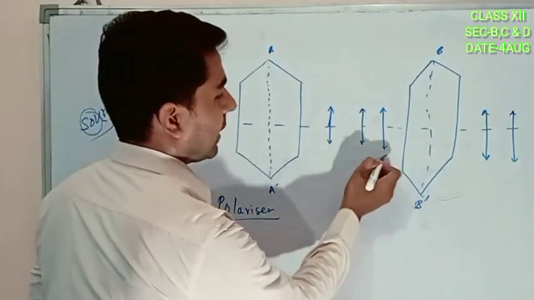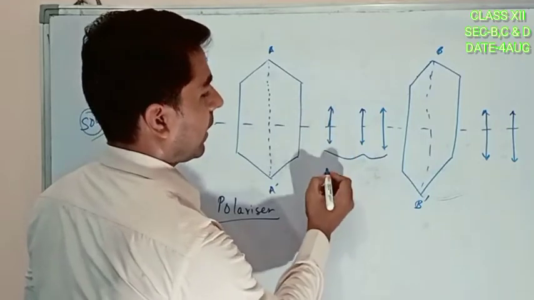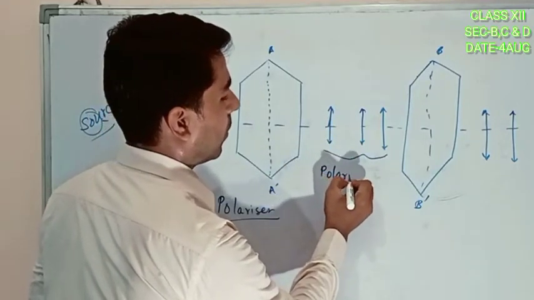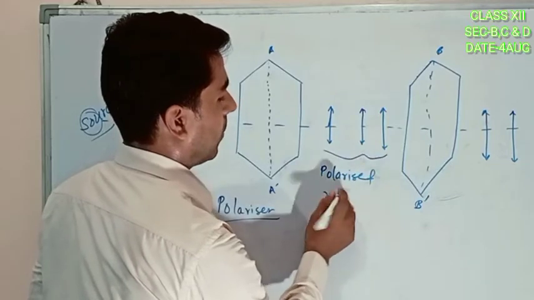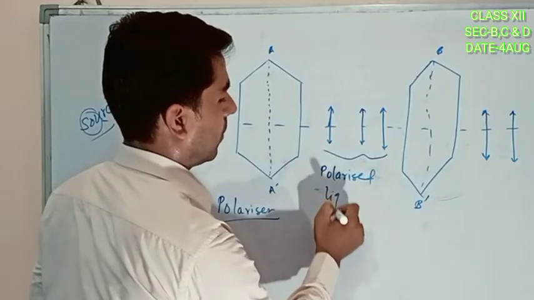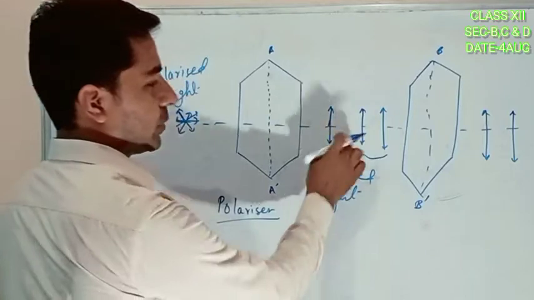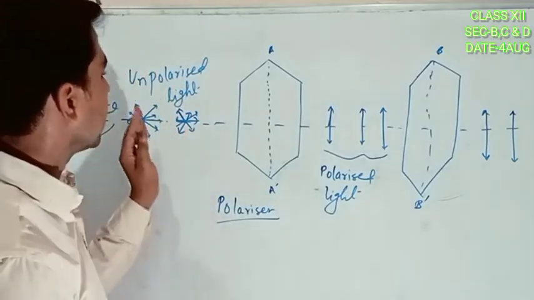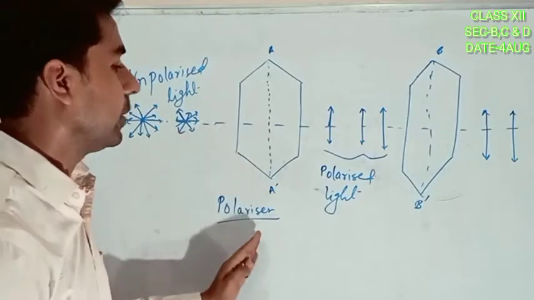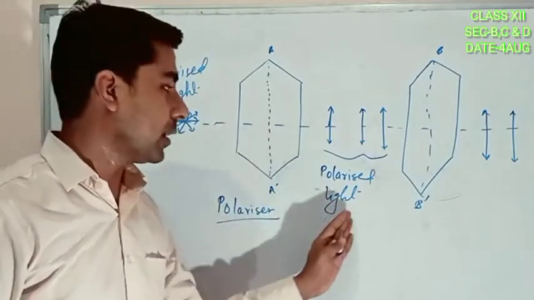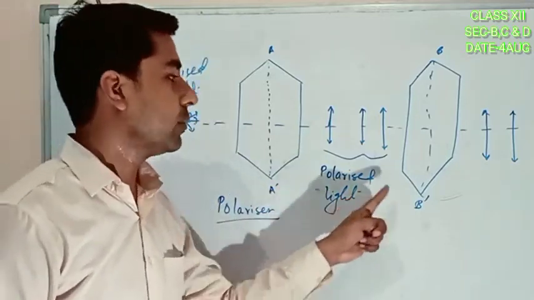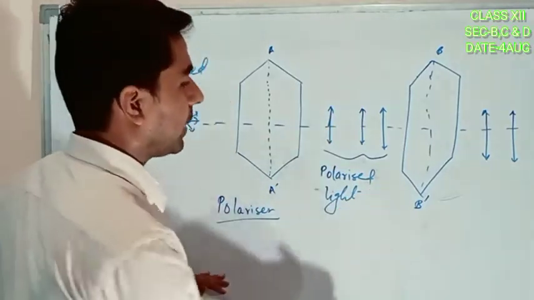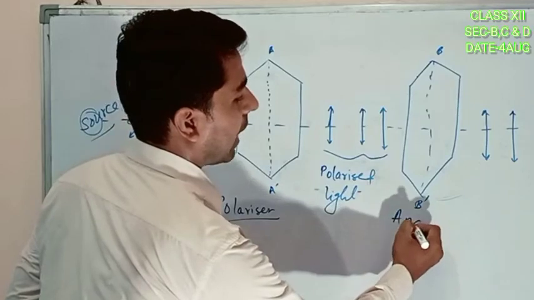But this light here, this ray, is known as polarized light. So if the light is unpolarized, this crystal will be called the polarizer, and when the light is polarized with some axis, this one will have a different name, and will be called the analyzer.